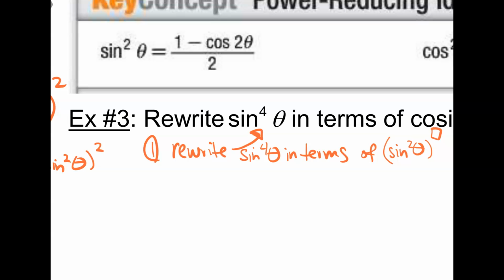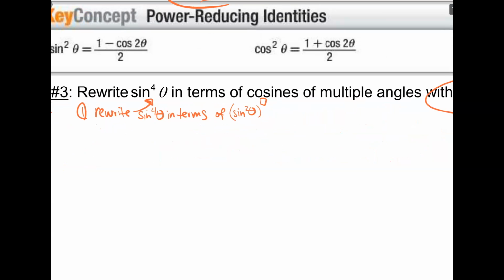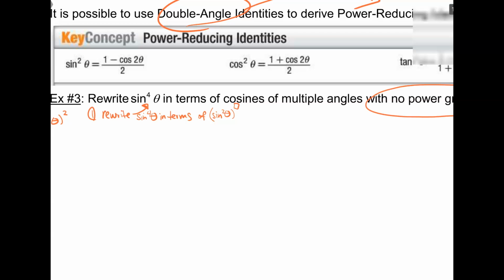It's sine squared theta to the 2nd power. And it also says in terms of cosines of multiple angles. So this just means in terms of cosine of double angles. That's all it means. Of multiple angles, it means we're going to be using double angles.